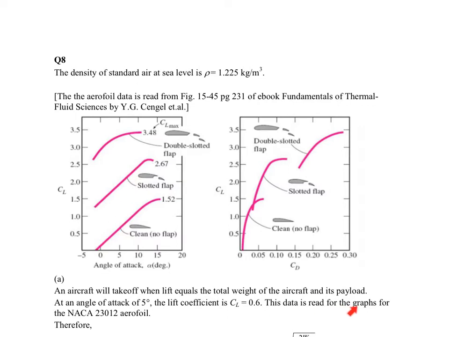This data is read from the graph for the NACA 23012 aerofoil. You can see from my projections on the graph, a 5-degree angle of attack gives roughly 0.6 lift coefficient.